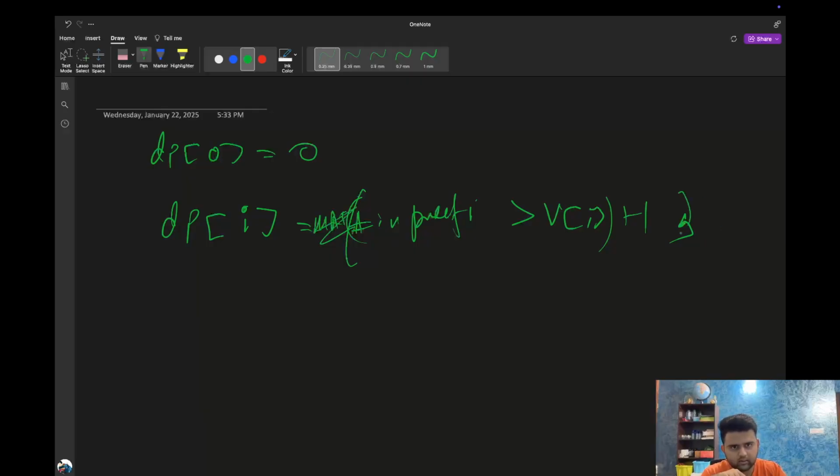So initialize it with this, then check for v of i plus 1 such that j is less than i.